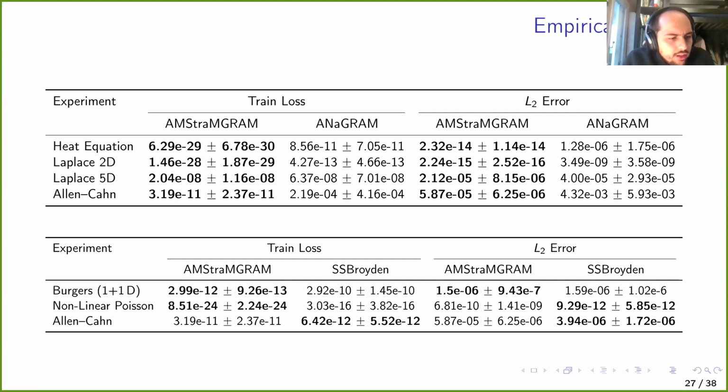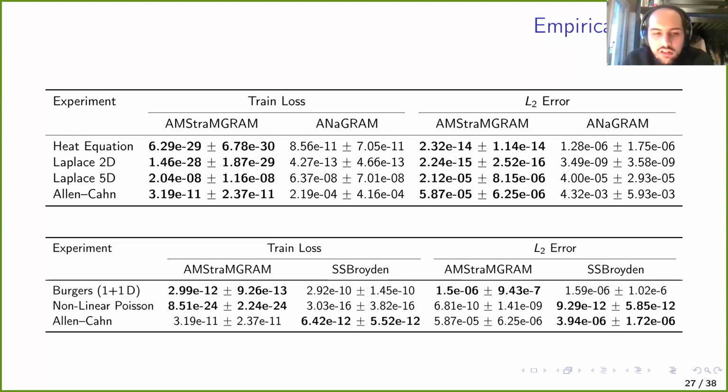Okay, I did not compare them on, let's say, wall clock time. But for this example, AnaGRAM or AMStraMGRAM runs on a single GPU. It runs in a few minutes, I would say 10, 15 minutes.